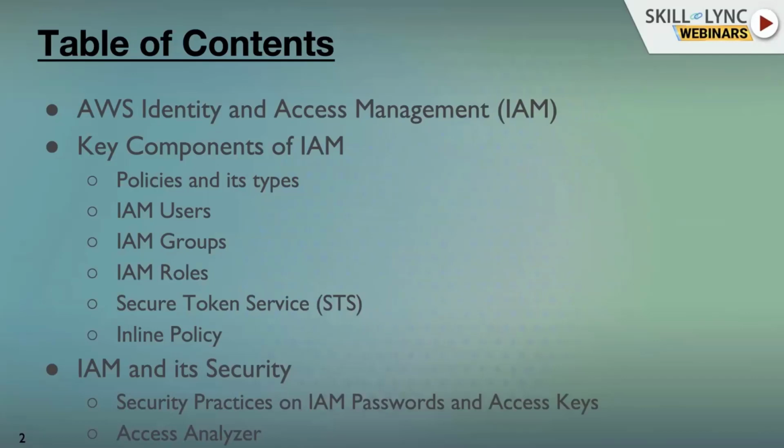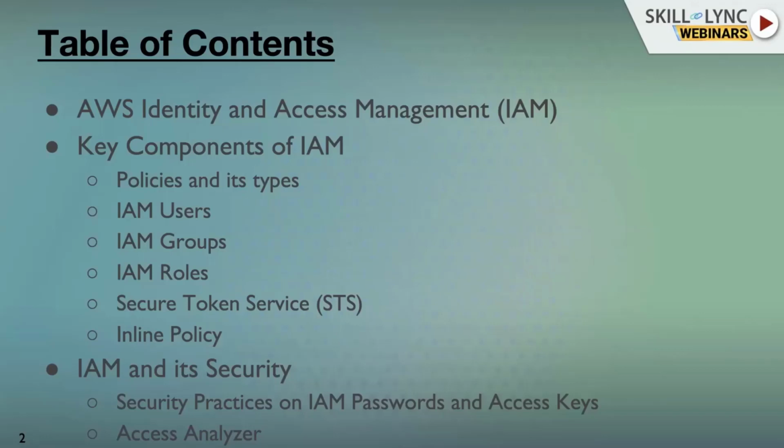We'll walk through what a particular policy would look like and how we write a policy in IAM, and how we apply the written policy to a particular user, a group, or a role. And there are some advanced concepts as well, like Secure Token Service, as well as inline policy, which will help us give specific granular-level access.